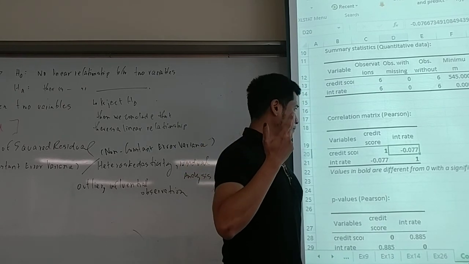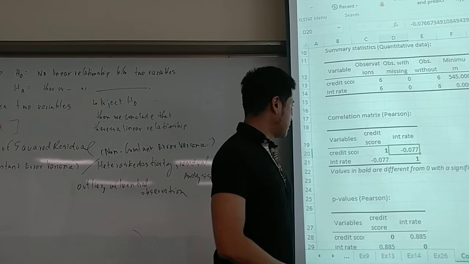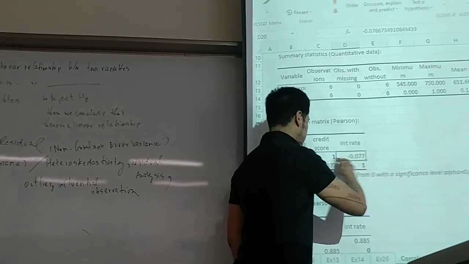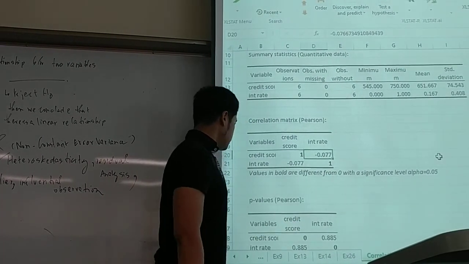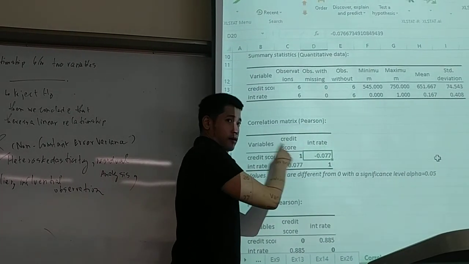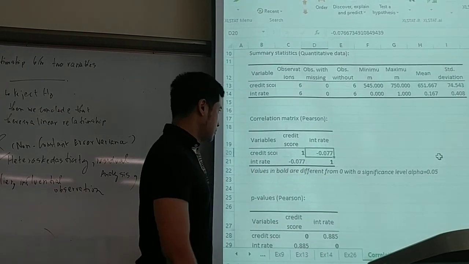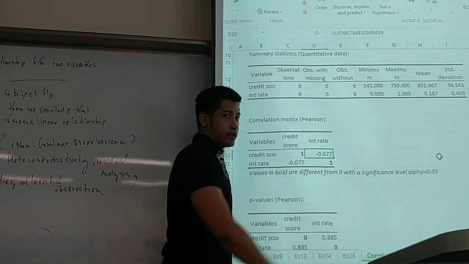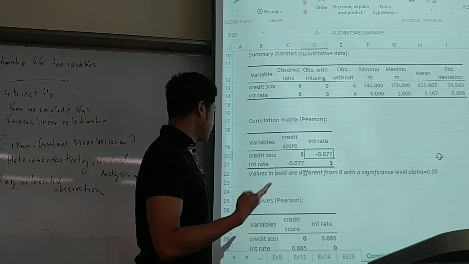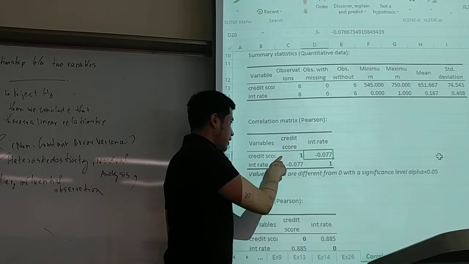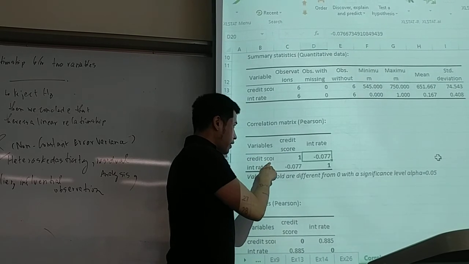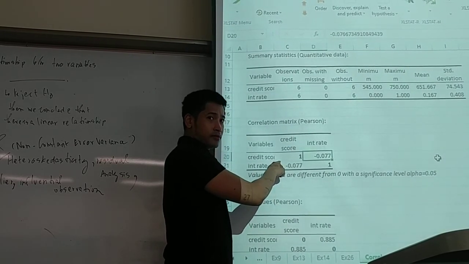Got it? Yeah? Next. Keep in mind that you don't need this number. These numbers on the diagonal axis, these are like 1, 1, 1, 1, 1, 1, 1, 1. Yeah? Reason is very simple, because this is the correlation between x variable and x variable. You see?